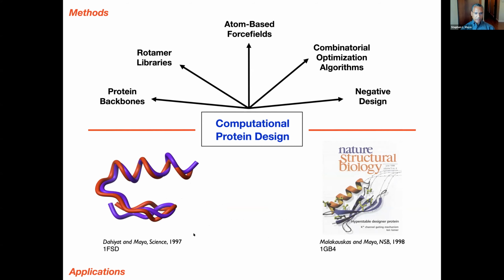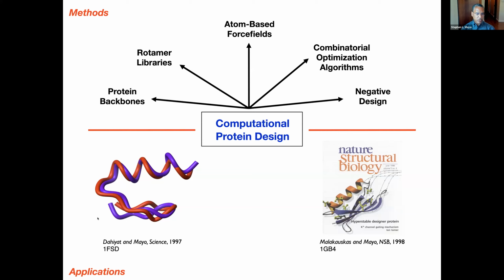It's been almost 25 years since our first major result in this area. Back in 1997, Basil Dayat and I published the first fully computationally designed protein sequence that actually was shown to fold to its target structure.